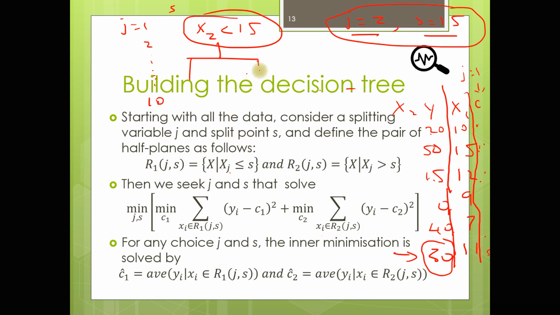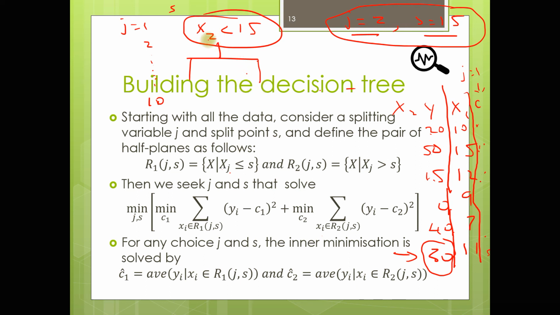This is the advantage that we have nowadays, that we have computers that are able to solve such things for us. Otherwise, if we had to do it manually, it would have been very tricky.